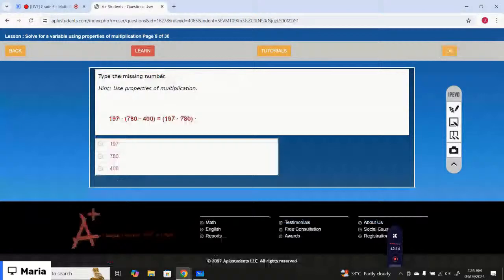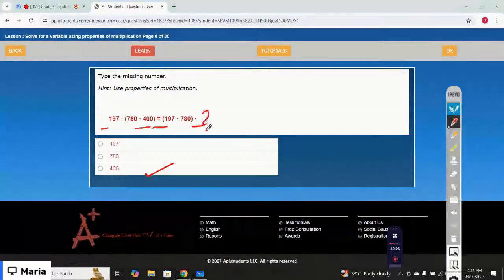Okay, the next one is 197 times 780 times 40, and then 197 times 780 times. Here you have a missing number, right? Which number is it?